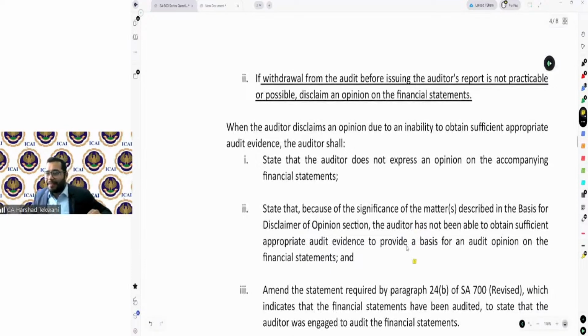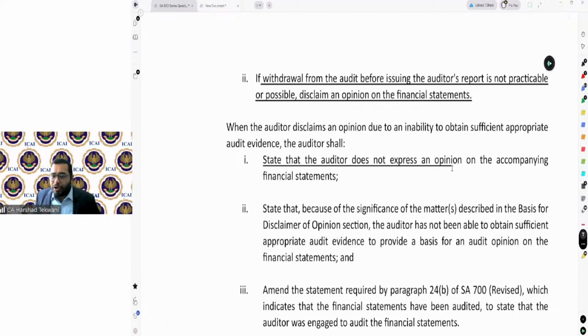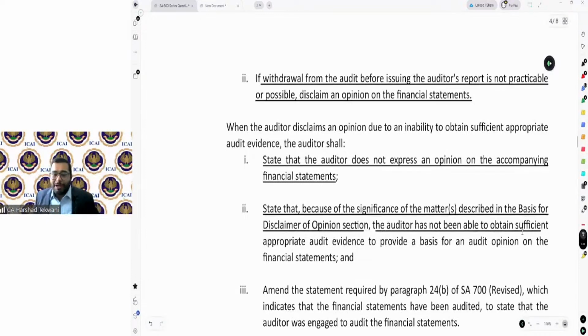Along with that, if I disclaim the opinion, as an auditor and as per SA 705, I need to state that the auditor does not express an opinion on the accompanying financial statements, and state that because of the significance of the matter described in the Basis for Disclaimer of Opinion section, the auditor has not been able to obtain sufficient and appropriate audit evidence to provide a basis for an audit opinion on the financial statements.